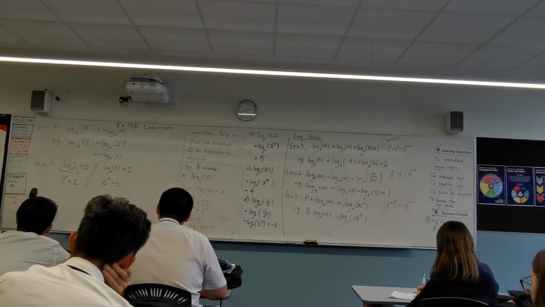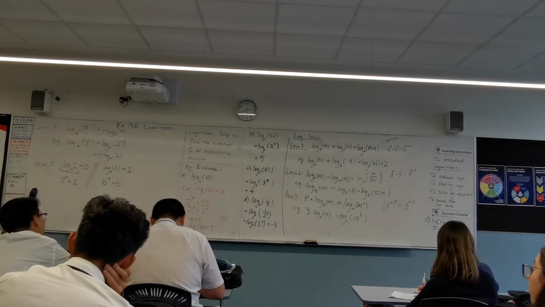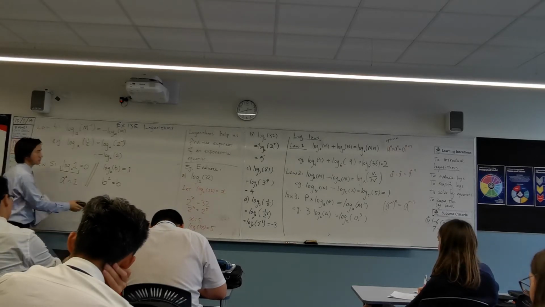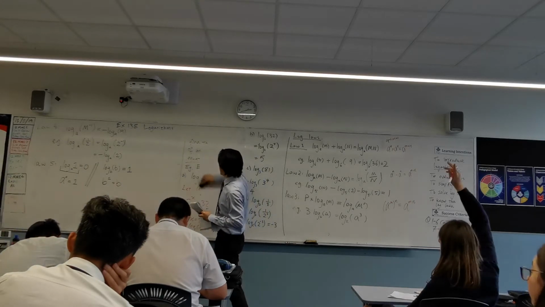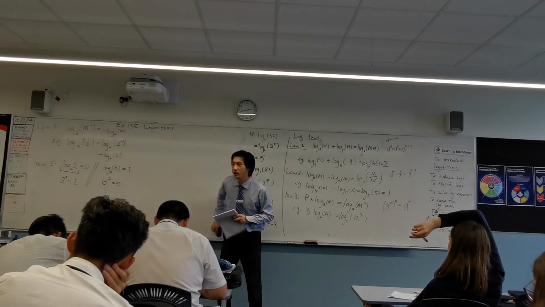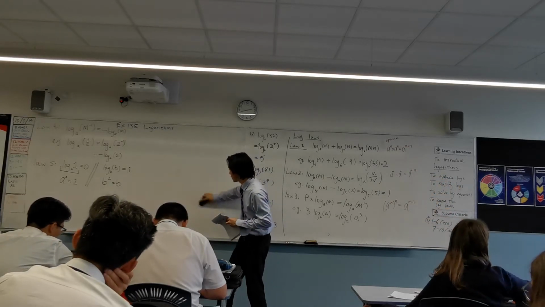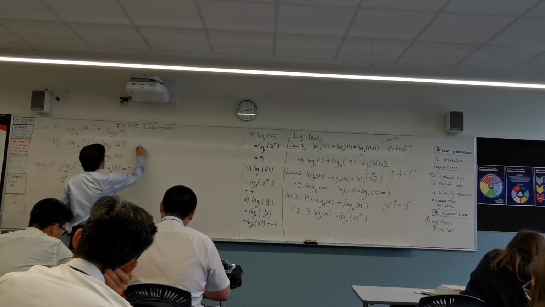Okay, 5 log laws. We're going to do some examples with simplifying these log laws. I think I've mentioned already, but this would have been a 2 or 3 week unit in advanced maths. We're going to do all this in one period.